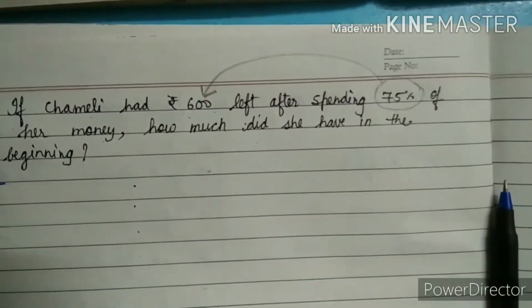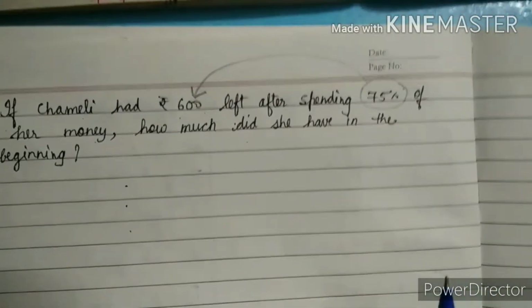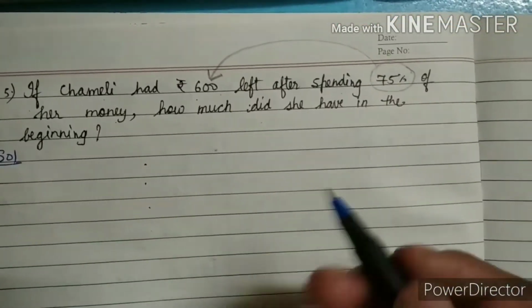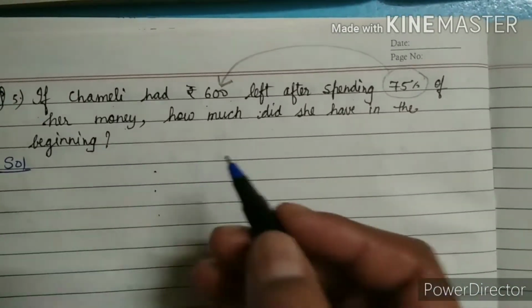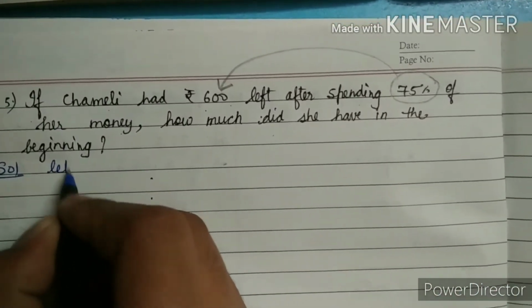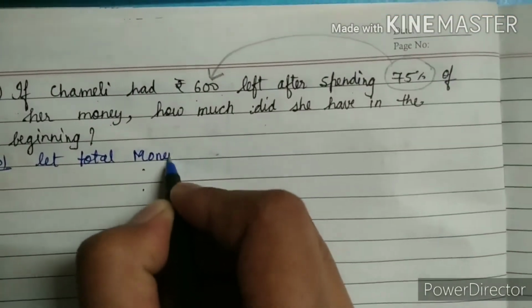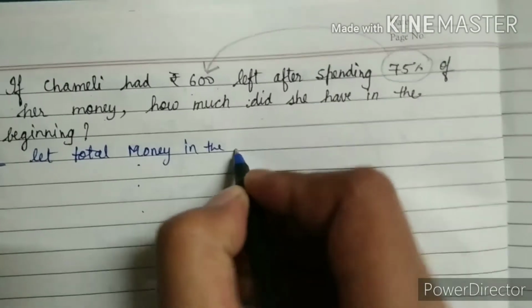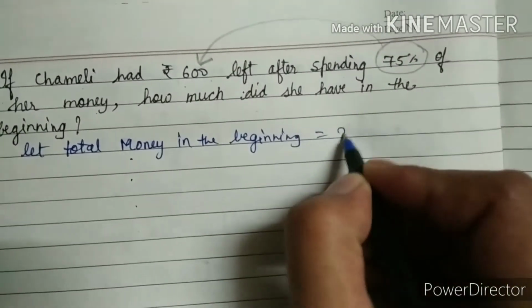As you can see, we have to find the money that she had in the beginning. So we will assume it. Let the total money in the beginning be X.